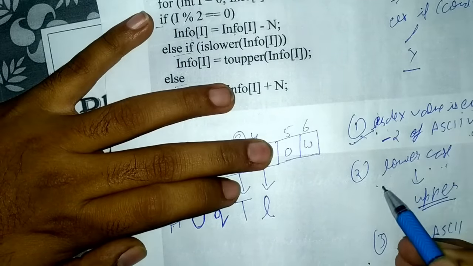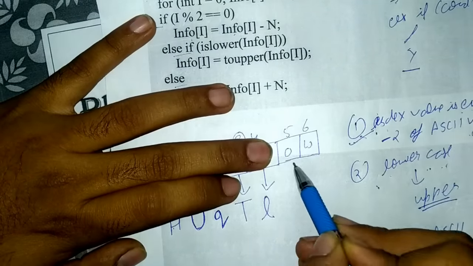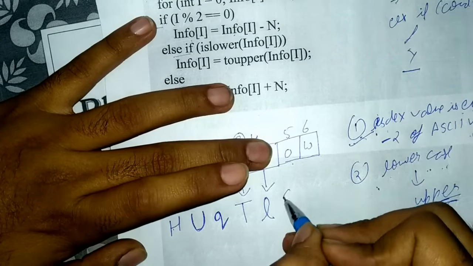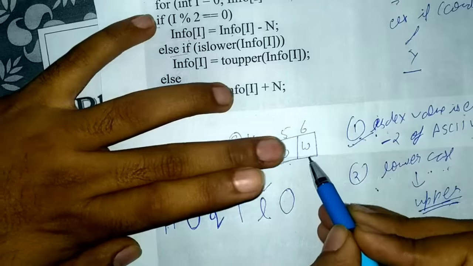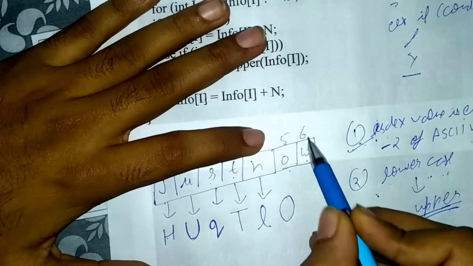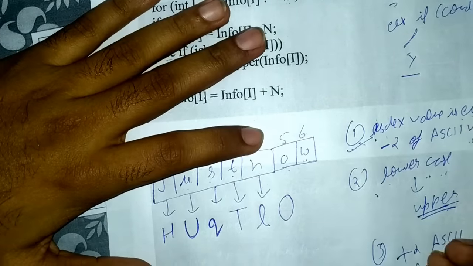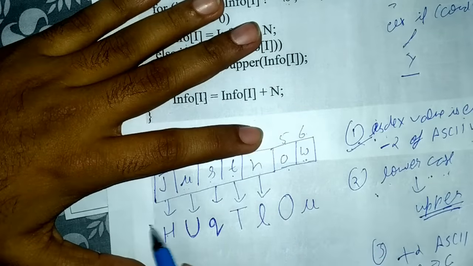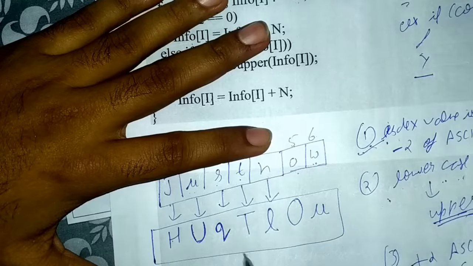That means we will check the next case, lowercase. Yes, it is in lowercase, so we will apply the second condition, that will convert it into uppercase. Next thing, 6w, index value is again even, so it will be minus 2, that will be small u. So this will be our answer.